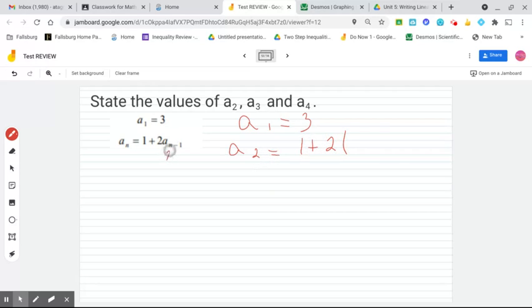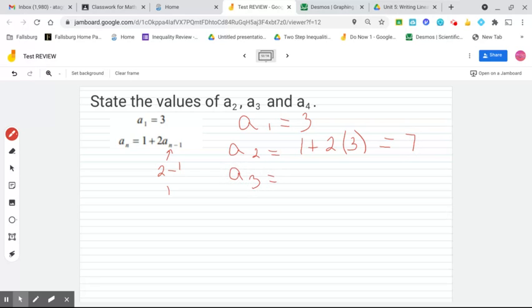Now, if we were to plug in a 2 right here, 2 minus 1 really gives me 1. So it's really saying take A1 and multiply it by that. And really what you're going to find is you're just going to continuously take the number that you get before it and plug it into the next number in your sequence. So 2 times 3 is 6, plus 1 is 7.